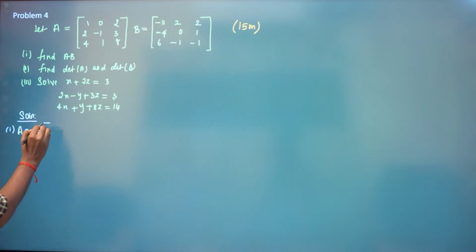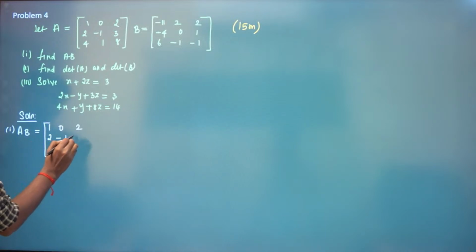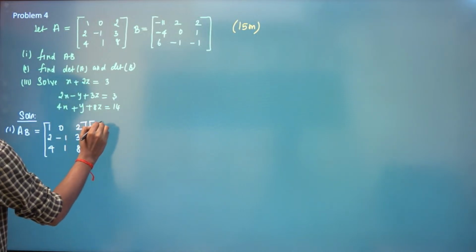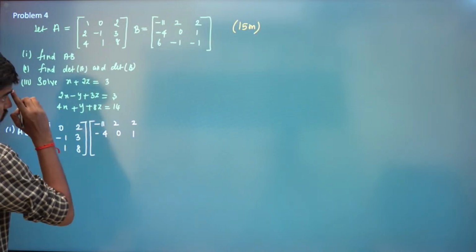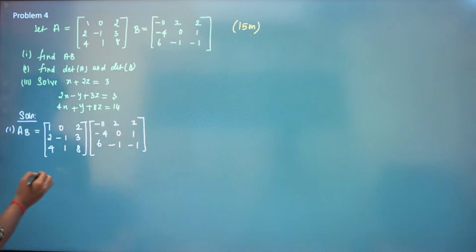So A into B. A is 1, 0, 2; 2, minus 1, 3; 4, 1, 8, with B, which is minus 11, 2, 2; minus 4, 0, 1; 6, minus 1, minus 1. So this will be equal to what?